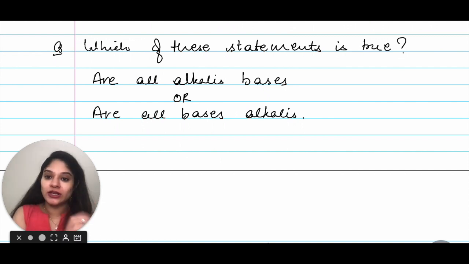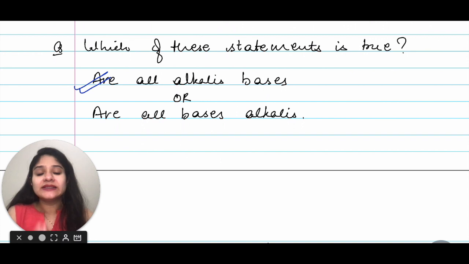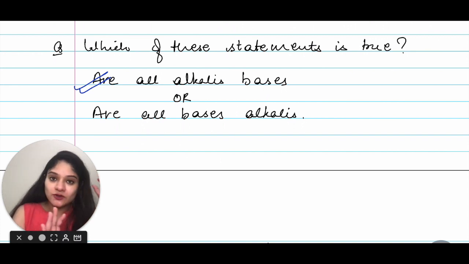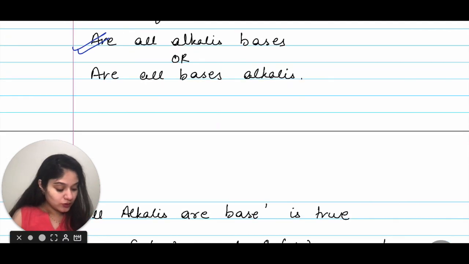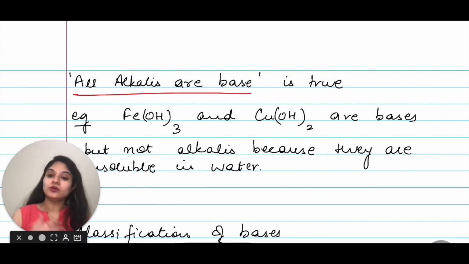Okay, let's check the answer now. Which of these statements is true? The first statement is true: all alkalis are bases. That means an alkali is a base soluble in water. But as I mentioned, not all bases are soluble in water. Therefore, all alkalis are bases is true.